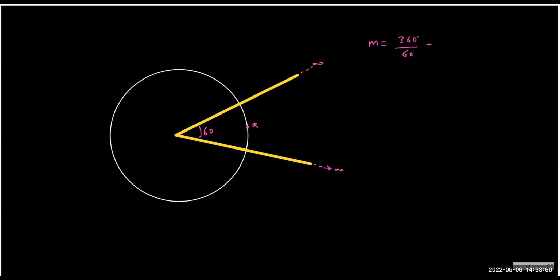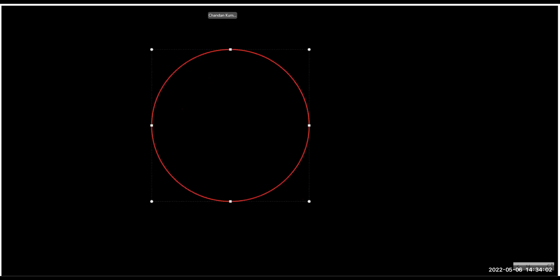I'll do the reverse process. This diagram is difficult to draw. So first you draw the circle, then you draw a hexagon.